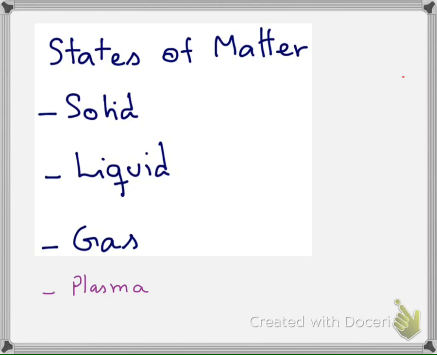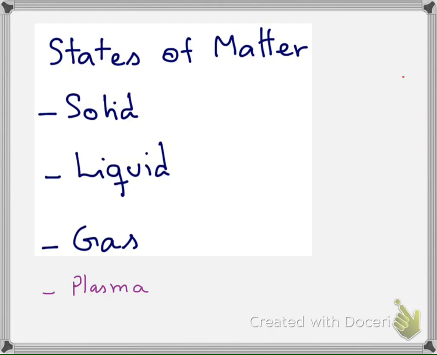Plasma is a gas in which all atoms are ionized, which means that the positive and negative charges are separated, and it has properties very different from normal gas.